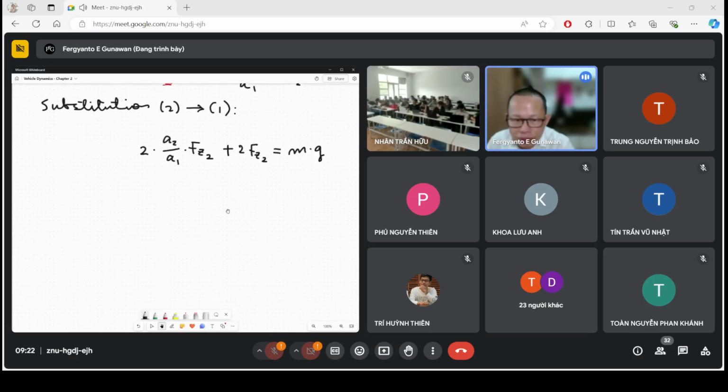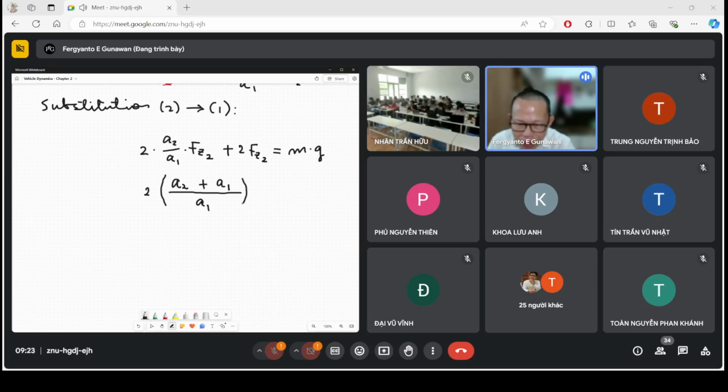I'm going to simplify this term. We can essentially write this term as 2, divided by a1, and I'm going to maintain the a2 here, and also multiply by a1 here, and put this in brackets. I have Fz2 outside, so this equals m multiplied by g, right?